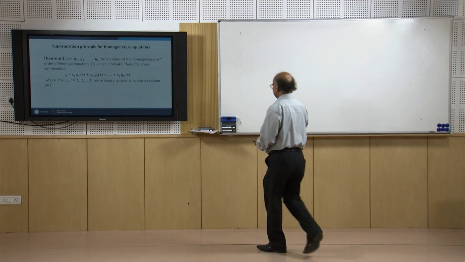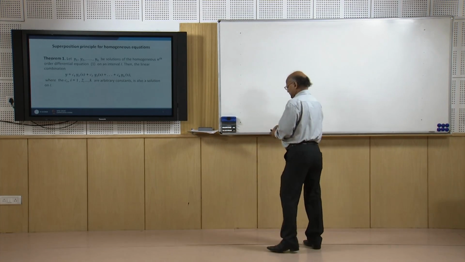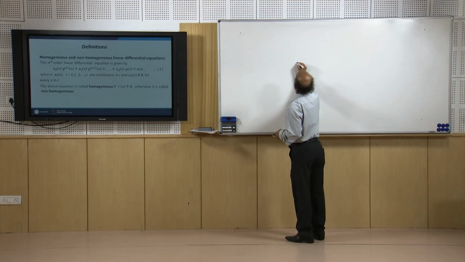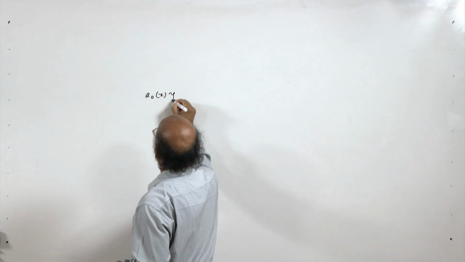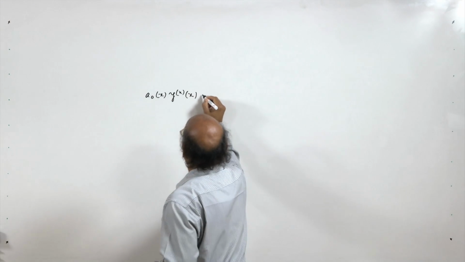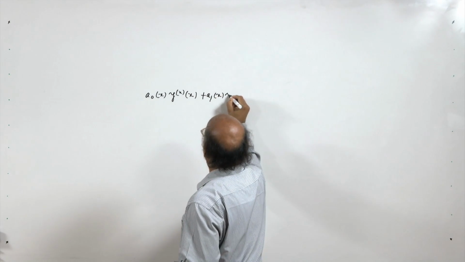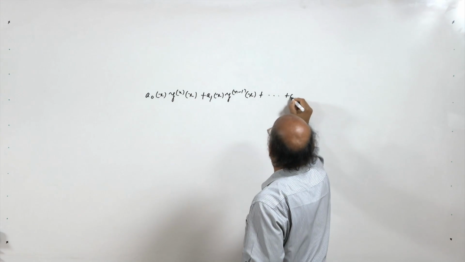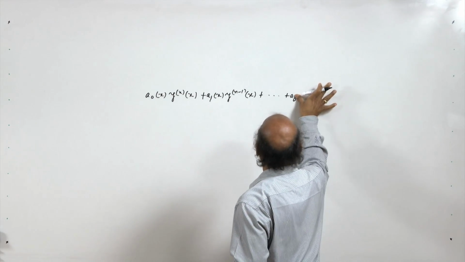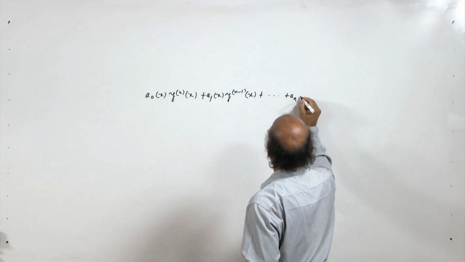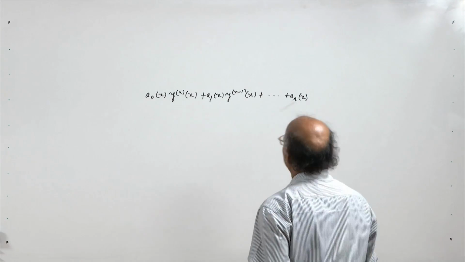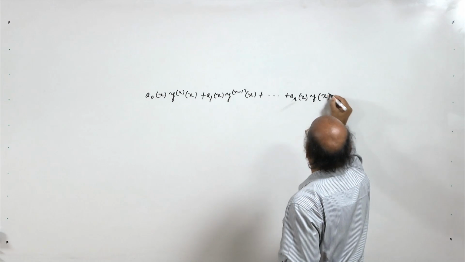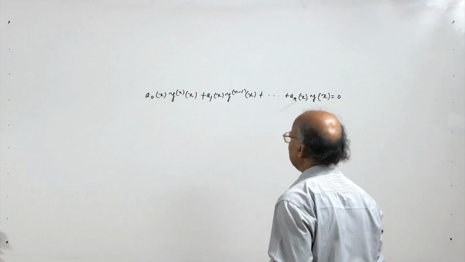It is very simple, we can easily prove this. Let us see how we can prove this. Our homogeneous differential equation is a0(x) y^(n)(x) plus a1(x) y^(n-1)(x) and so on, an(x) y(x) equal to 0. This is our homogeneous linear differential equation.